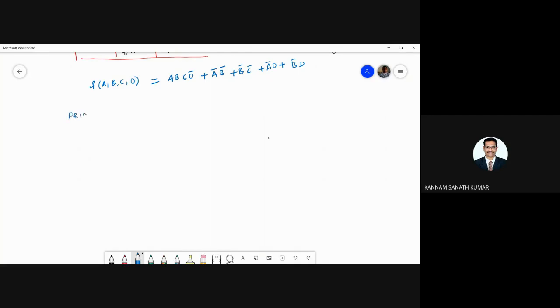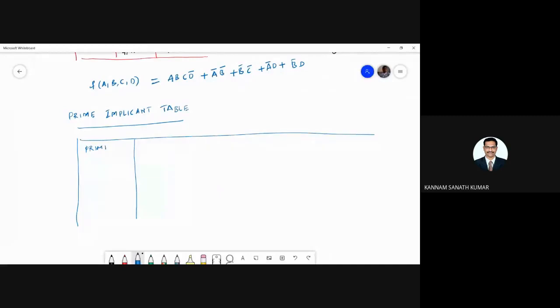Prime implicant table. In the prime implicant table, these are the prime implicants, and next the min-terms, decimal representation.